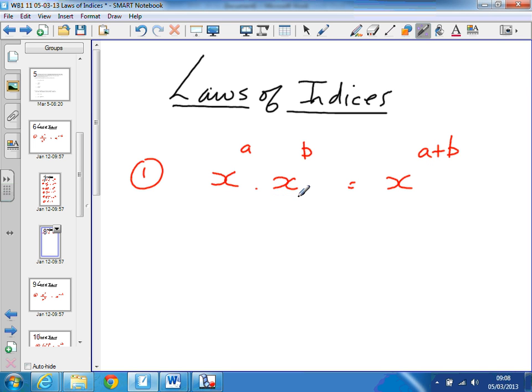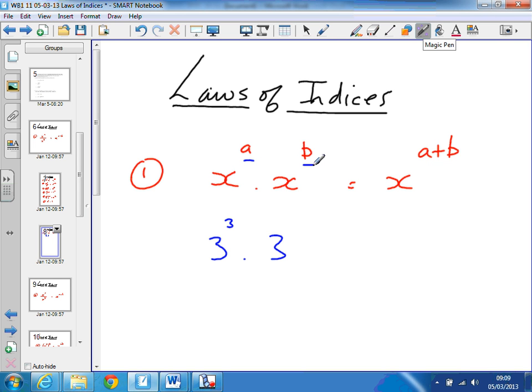So if x was 3, for example, 3 raised to the power a, multiplied by the same base, 3 to the power b. That's got to be the same base, but because a and b are different letters, they could be the same number, but they could also be different numbers.